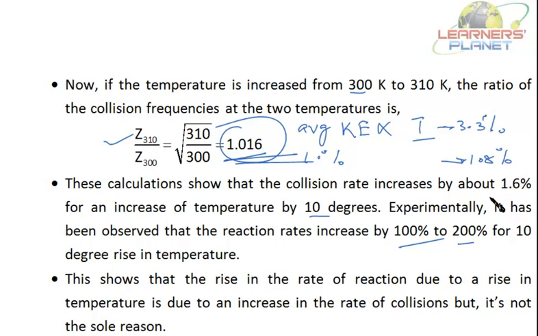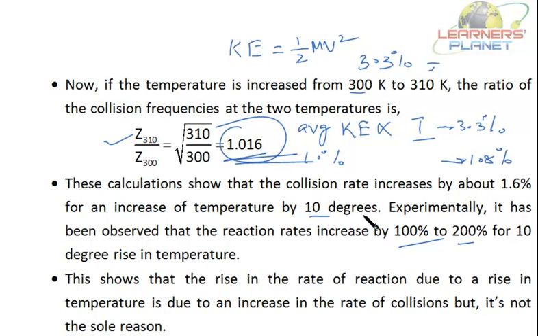Thus the increase in the molecular speed with a 10-degree rise in temperature is 1.8%, because the kinetic energy is equal to half of mv square. So what is the rise in average kinetic energy? It is 3.3%. So what will be the rise in the molecular speed? It will be some 1.8%. But it is also not doubled.